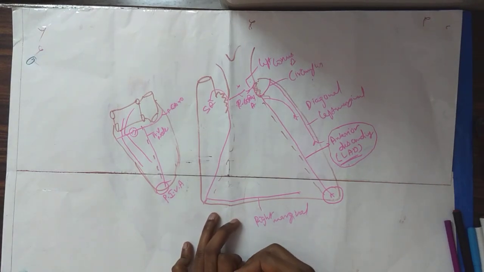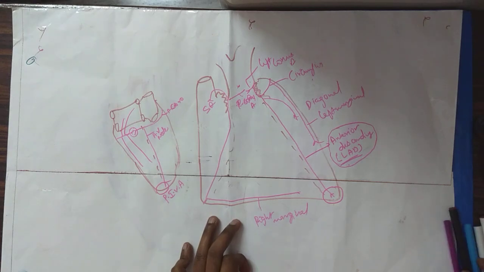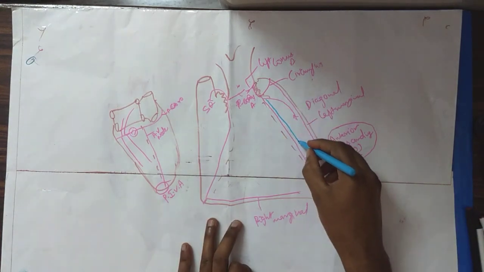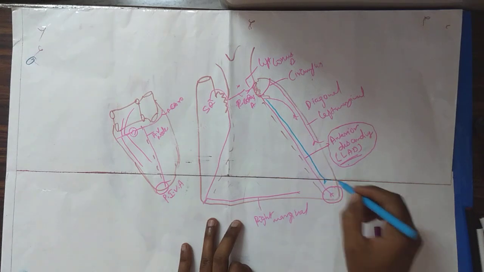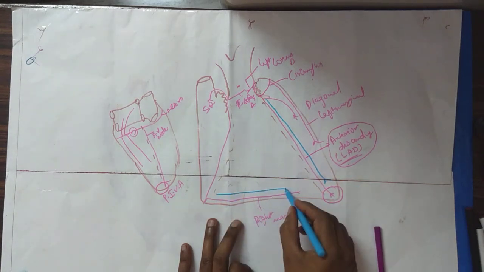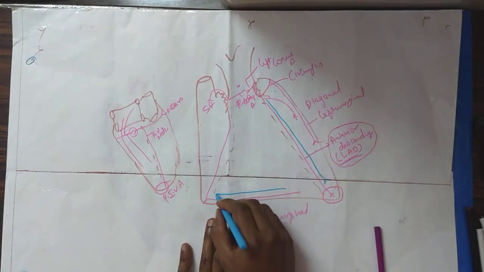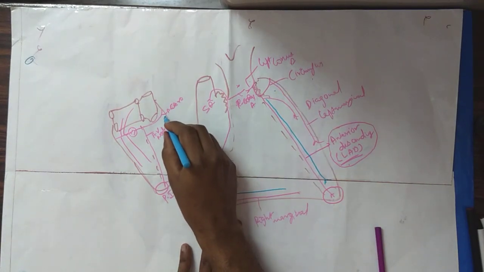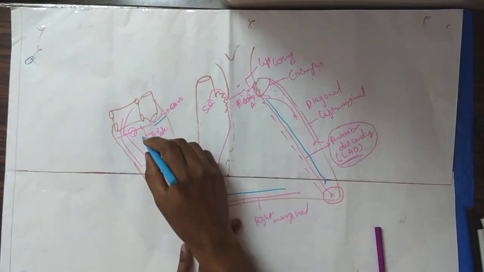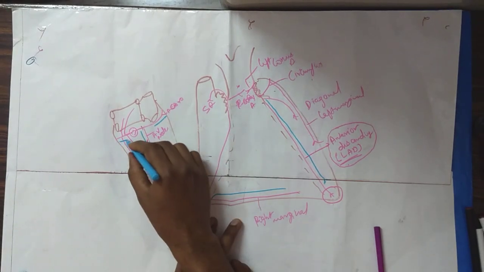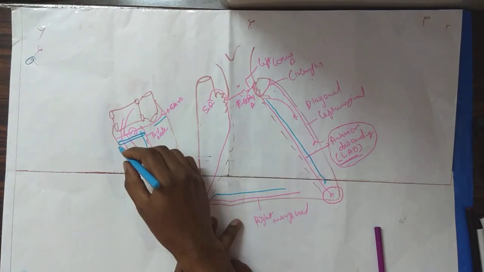Then what about the venous drainage? Accompanying these you have the great cardiac vein, the right marginal vein. This goes with the small cardiac vein. In this you have the middle cardiac vein. Here you have the coronary sinus.